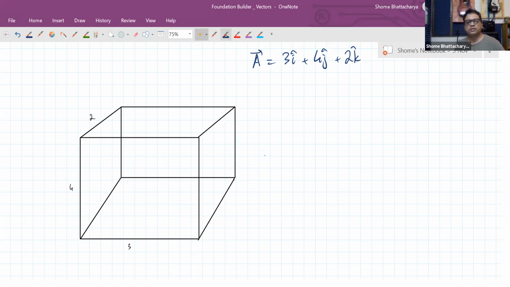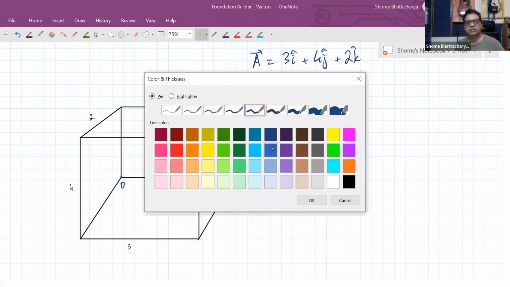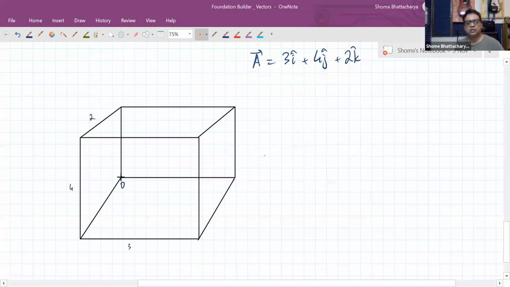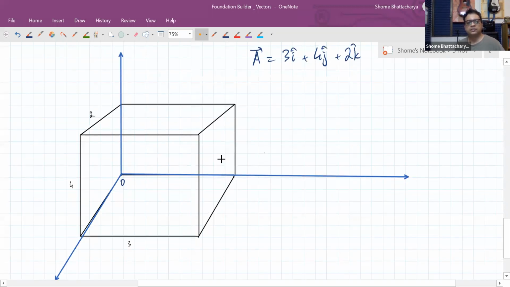So now what I will do is I will select this as my origin. Okay, and accordingly I will select my system of axes. This is my x-axis, this is my y-axis, and this is my z-axis.